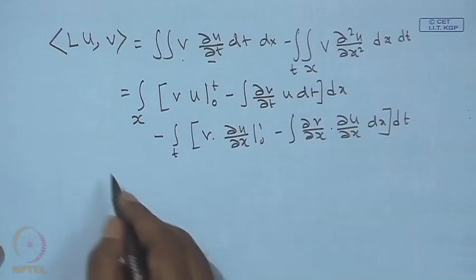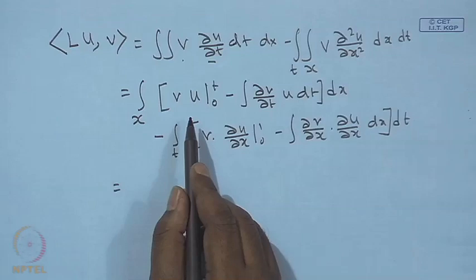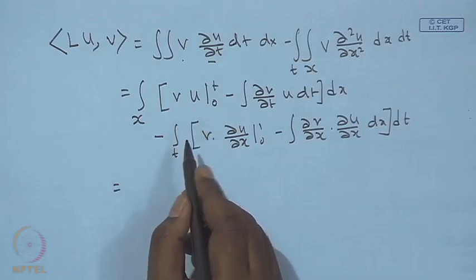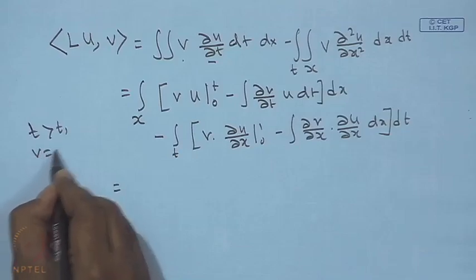Okay. So, what we are getting is that for t greater than t naught, we have already obtained that for t greater than t1, v is equal to 0.